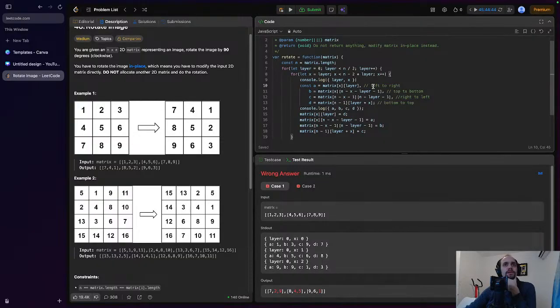Because it'd be left to right, top to bottom, then right to left, and then bottom to top. So the first four look fine. Then the next four should be 2684. And that's just not correct. It should be 2684, and we have everything. It seems to be wrong.